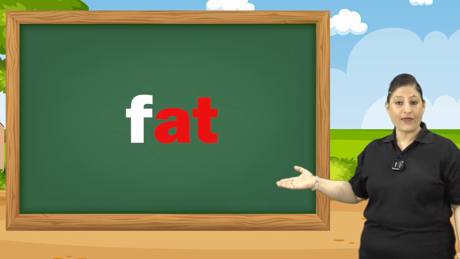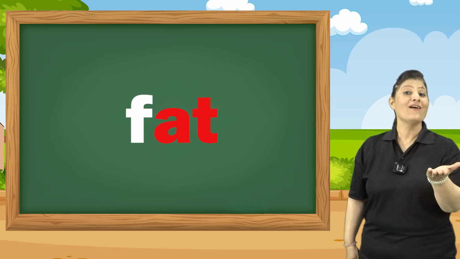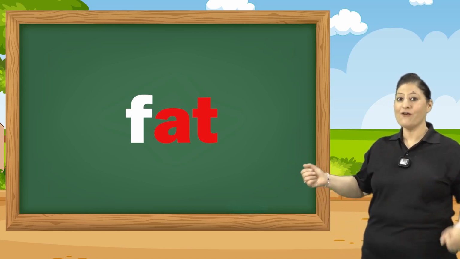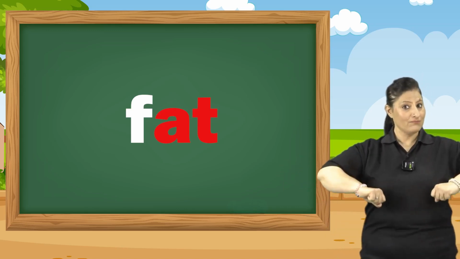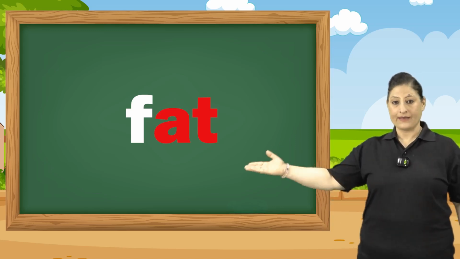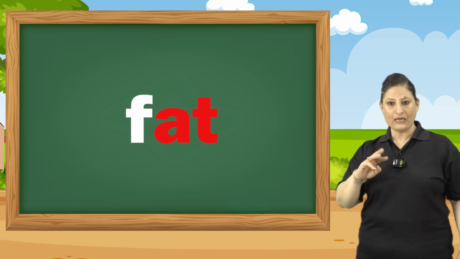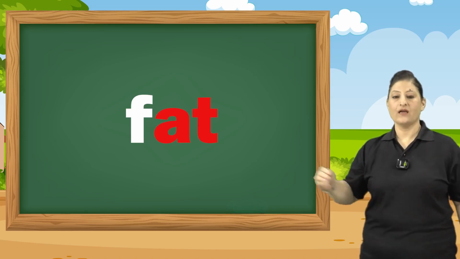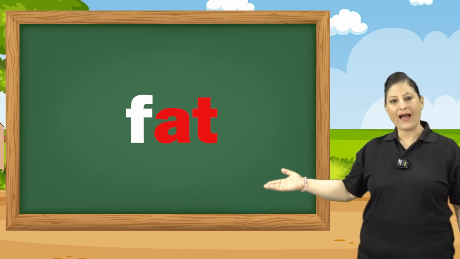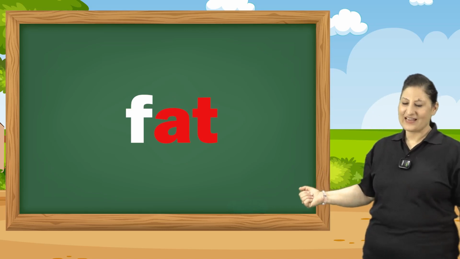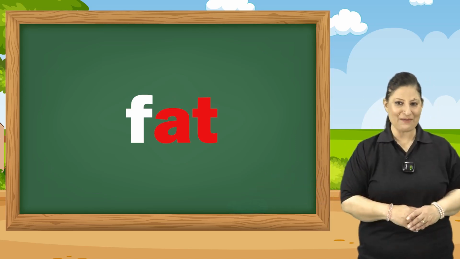F-A-T. F says F. F-at, fat. Fat means mota. Now we have made three words with at. Cat, bat, fat.